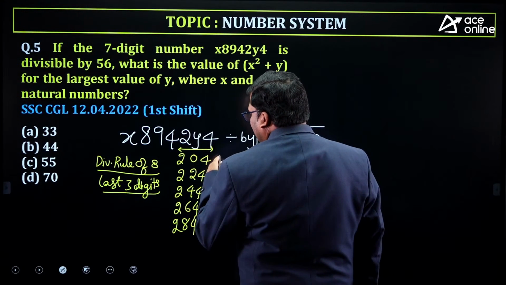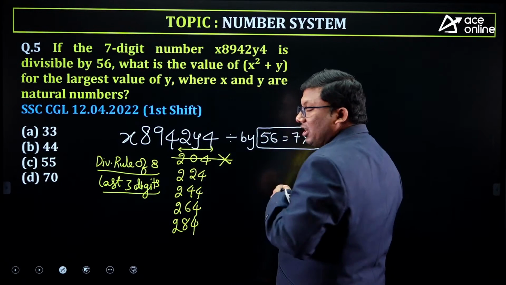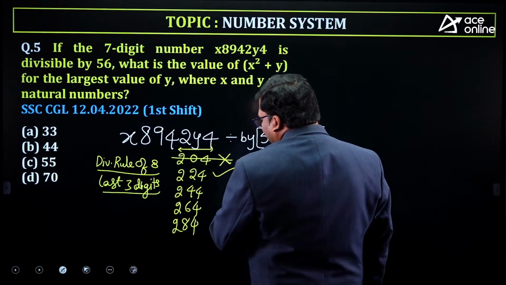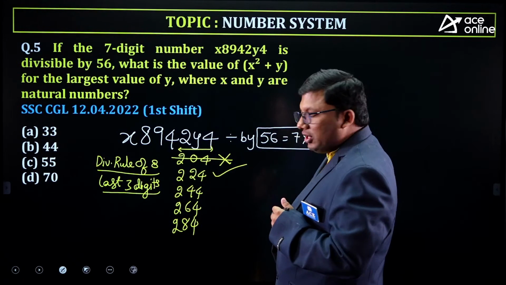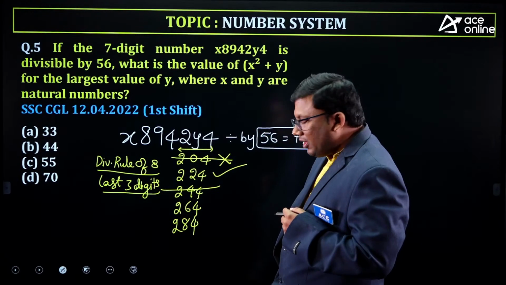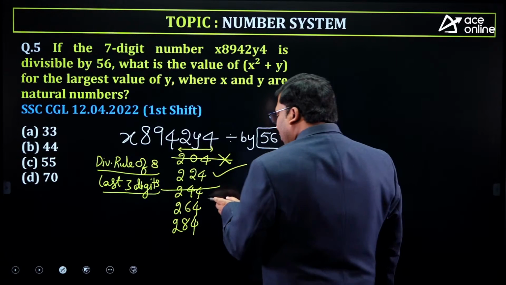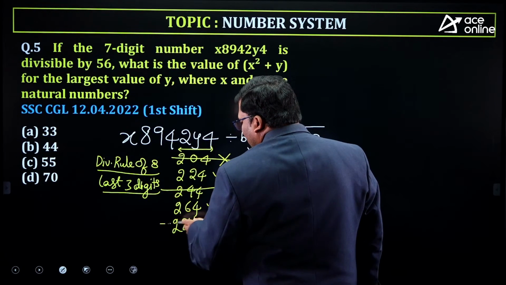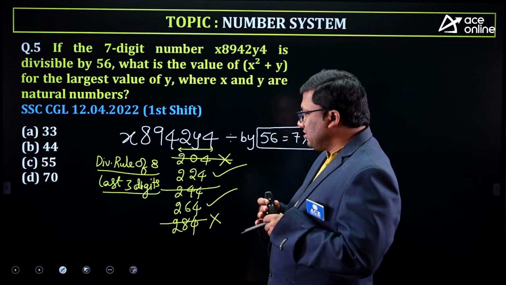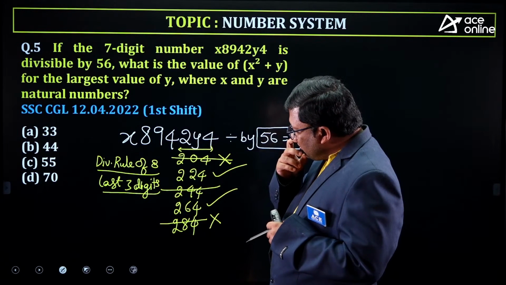Now, which cases? 8 2s are 16, 8 5s are 40, first number is not divisible by 8. 8 2s are 16, 64, 8 8s are 64. 8 3s are 24. 284, no. That means I got two possibilities such that this number is divisible by 8.